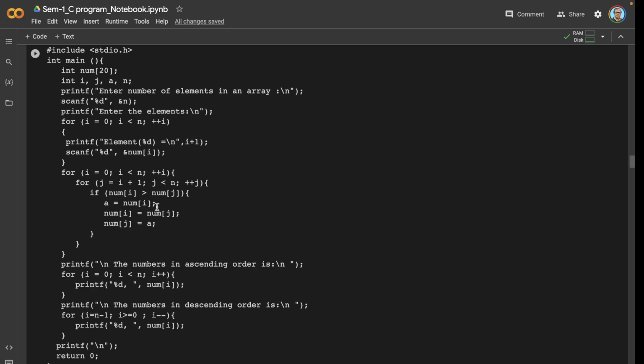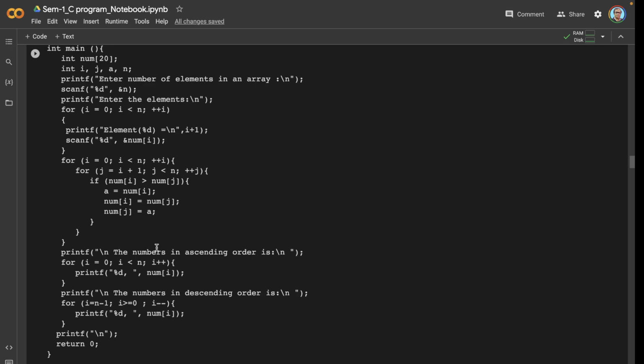Then a equals number[i], which is number 0, and number 0 equals number 1, and number 1 equals a. Number[j] equals a. Here number 0 is the initial value with i equal to 0 and j equal to 1.